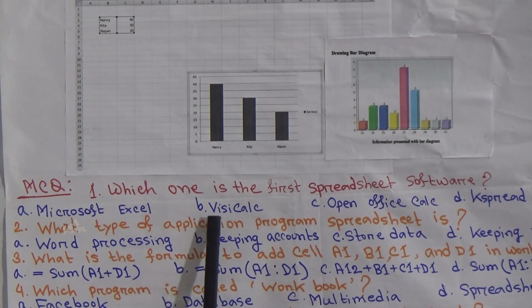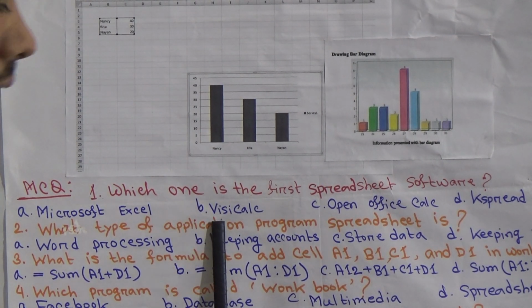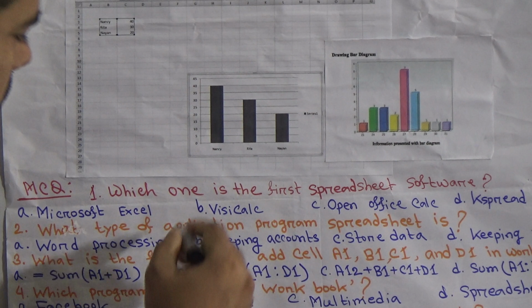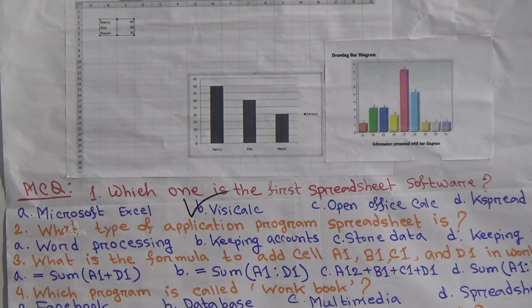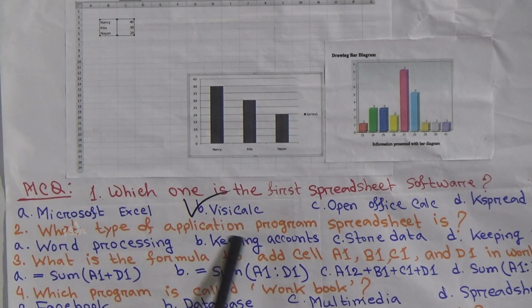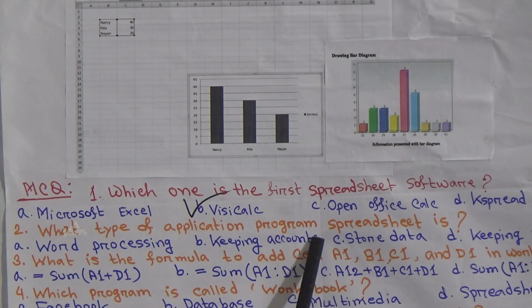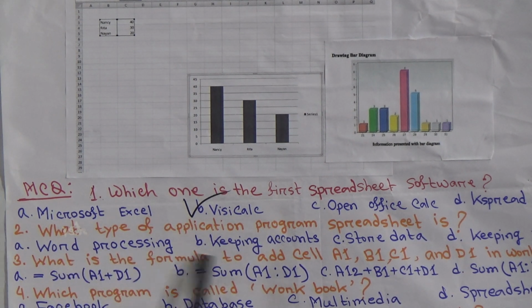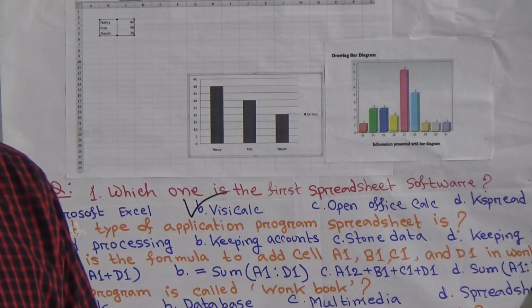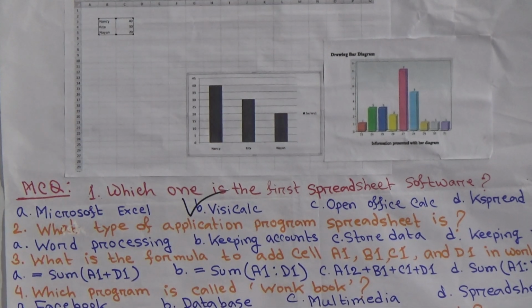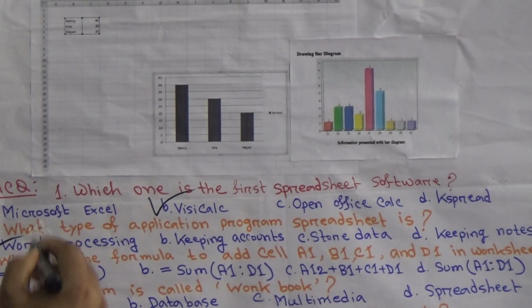So we came to learn that it should be VisiCalc. I am giving tick mark here. Okay, next one, what type of application program is spreadsheet? Is it word processing, keeping accounts, store data or keeping notes? It's our word processing program.